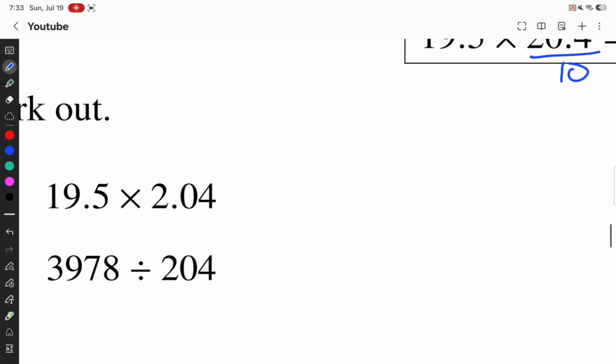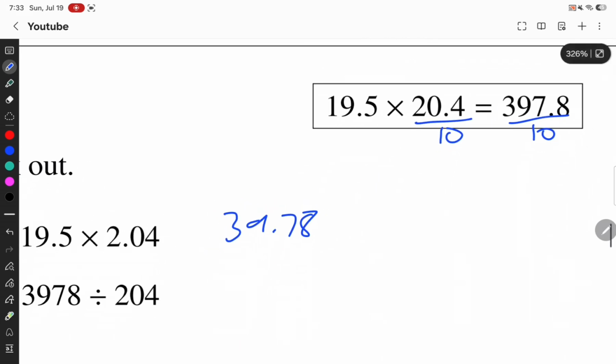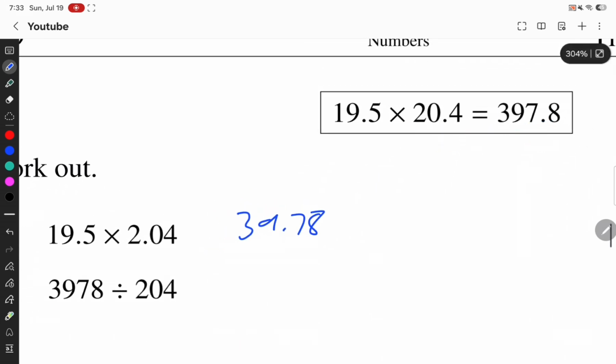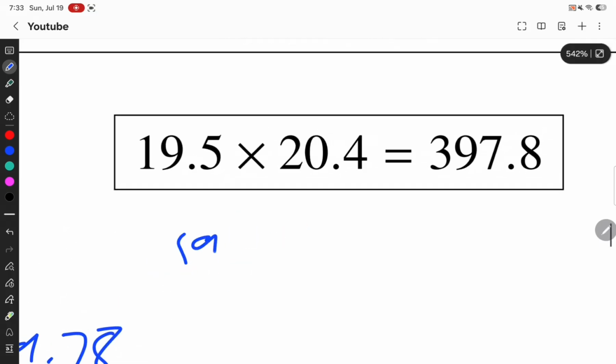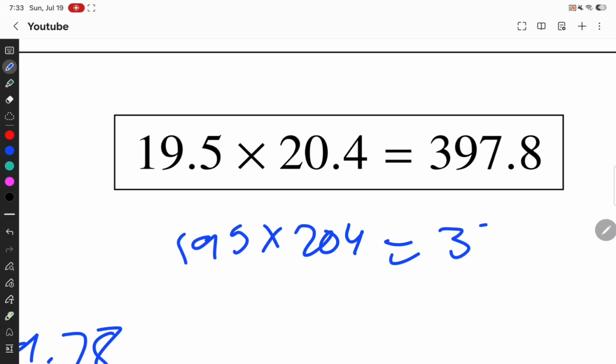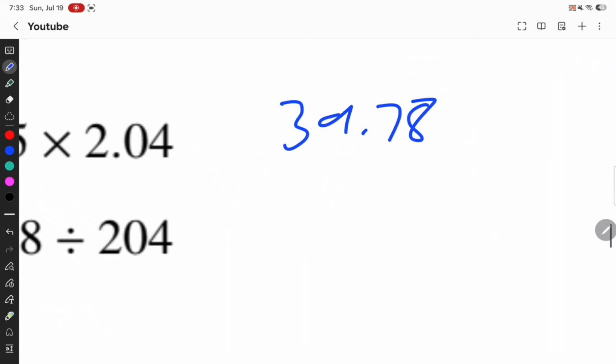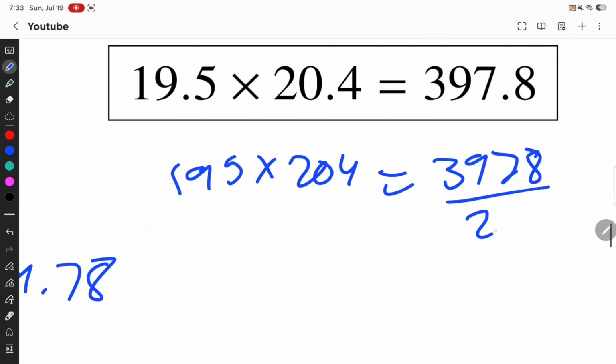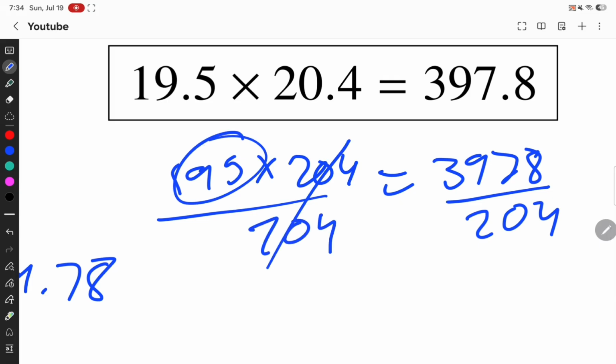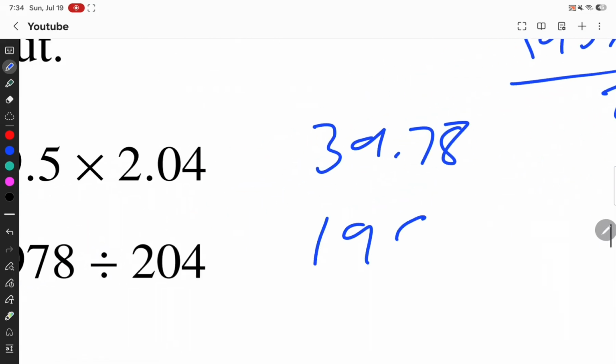So this is 339.78. The next, 397, this divided by this. Here we multiply this by 10 and this by 10, everyone. So it is what? 195 times 204 is equal to 3978. If we divide 3978 by 204, what do you get? Let's divide 204 on both sides. This cancels out, we get 195. So this is our answer.